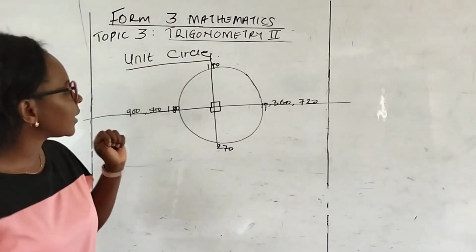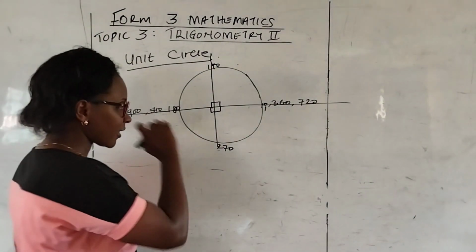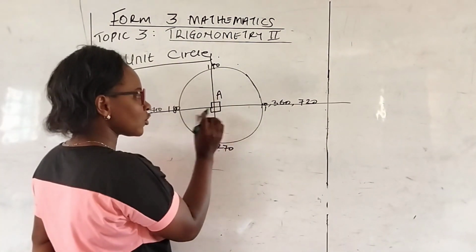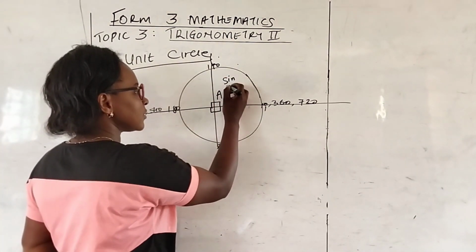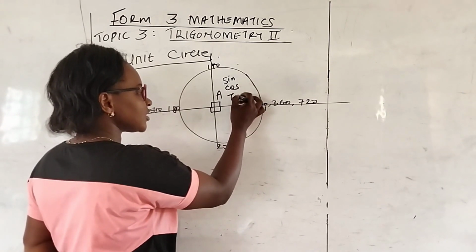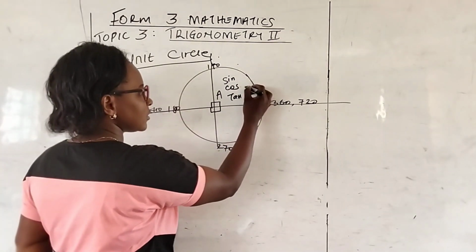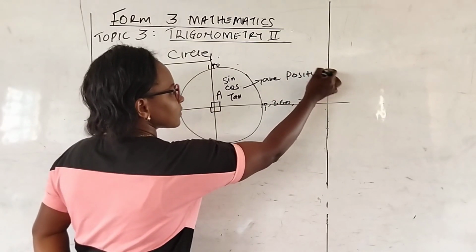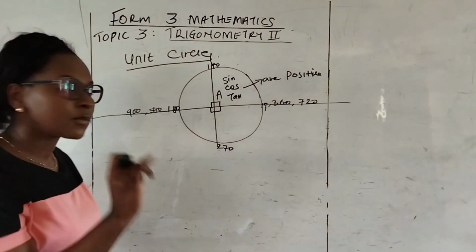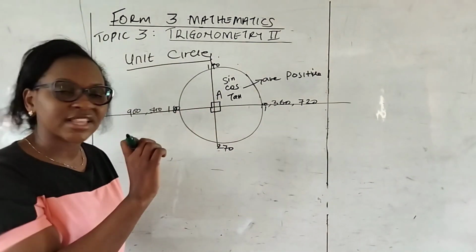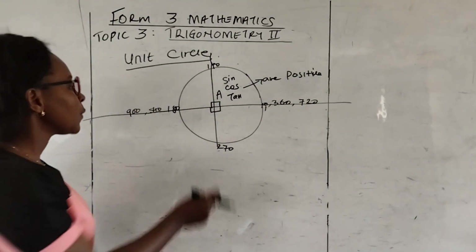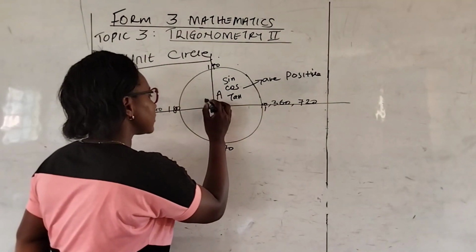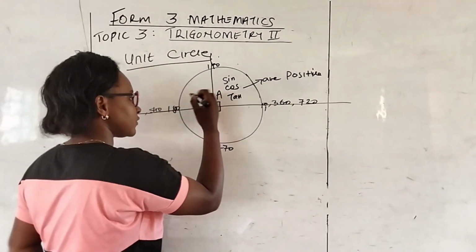Again, in this part, we need to know that in the first quadrant, sine, cosine, and tangent are all positive. In the second quadrant, it's only sine which is positive.